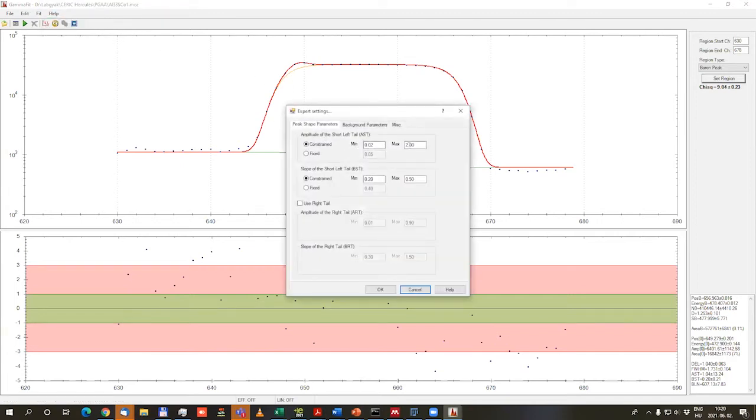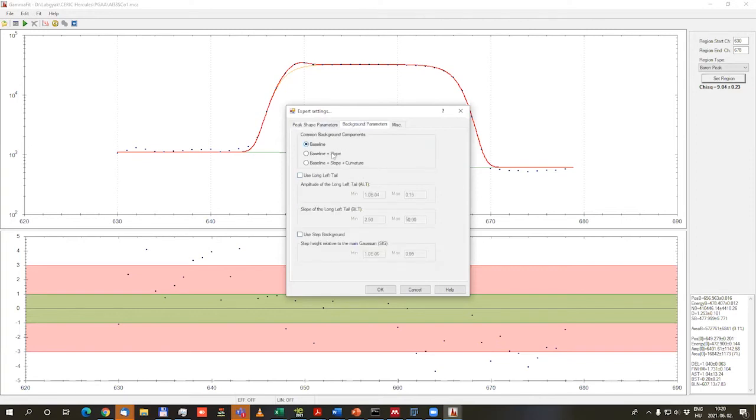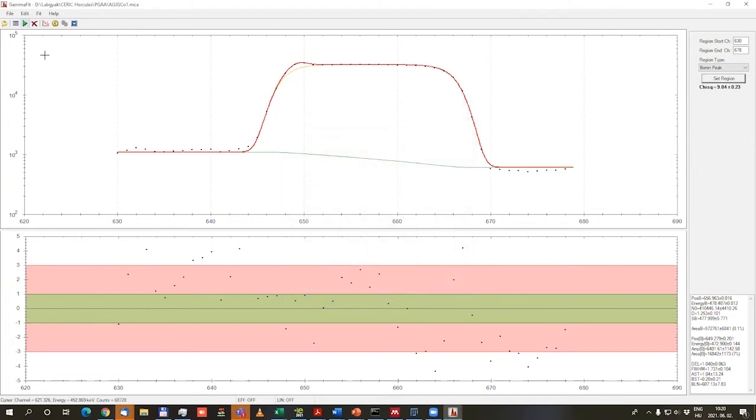We can set different parameters of the model function. We can enable or disable certain background or peak components. And then, of course, we can repeat the fit.